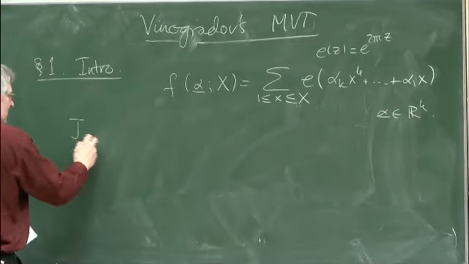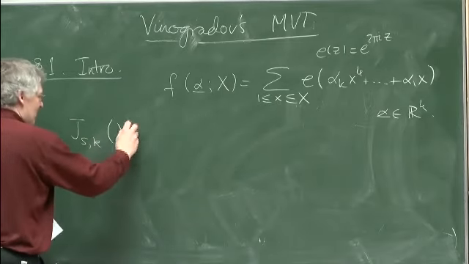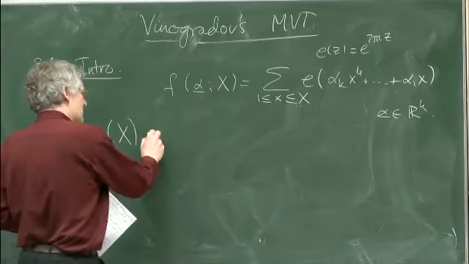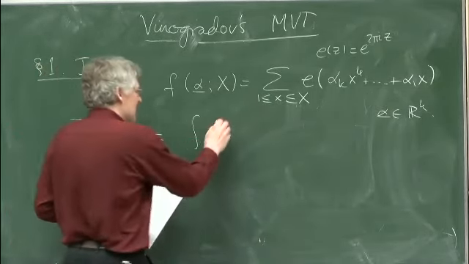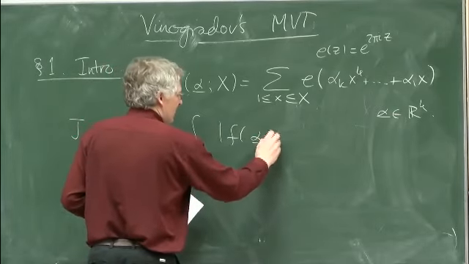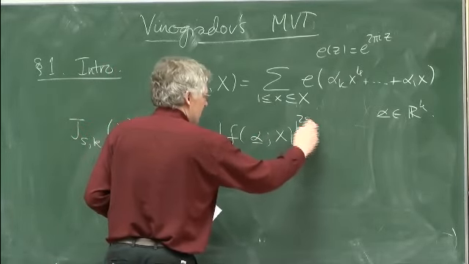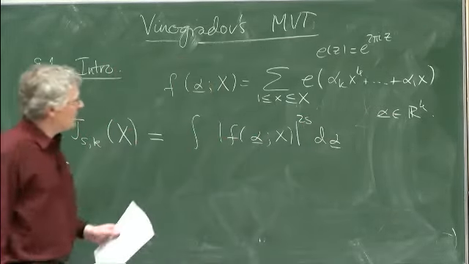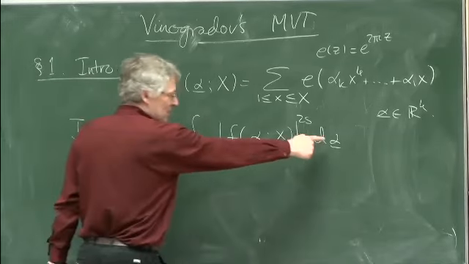And what we want to consider, this is the central object, is a certain mean value. So we're interested in the even moments of this object where I integrate over the unit cube.